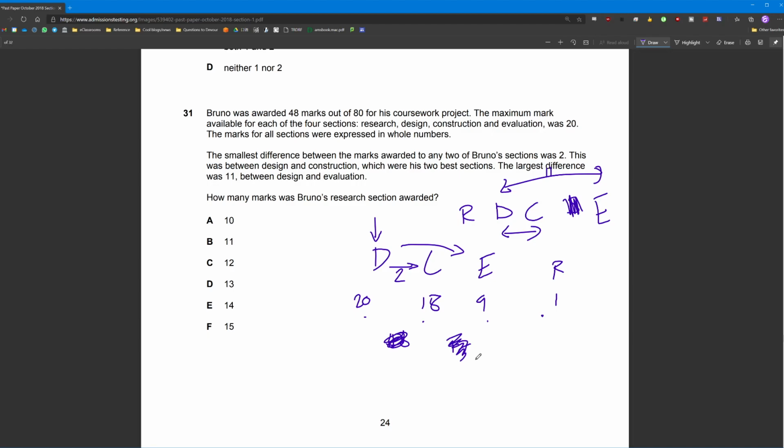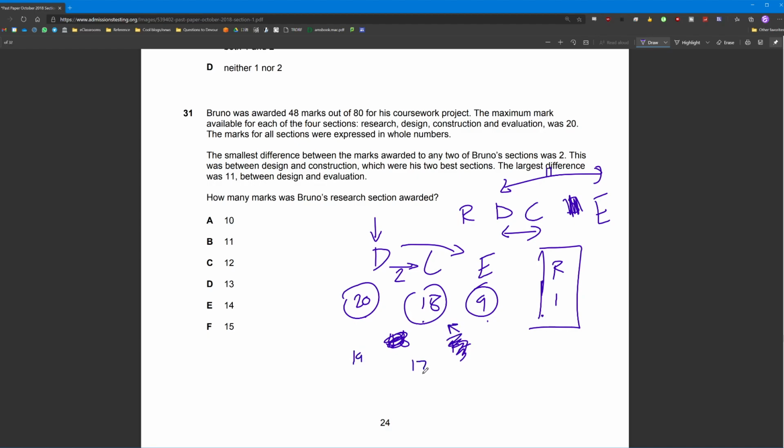The largest difference was between design and evaluation, and the largest difference between 2 elements of a data set is the range. That tells us that the evaluation was the lowest, and so what we need to do is we need to increase R without increasing the overall score. So we'll take 1 point at a time from each of these and move it to R, adding 3 to the score, until R gets within the range of these 3.